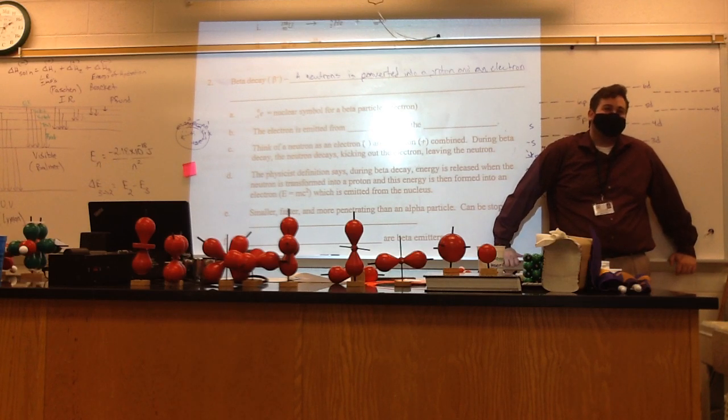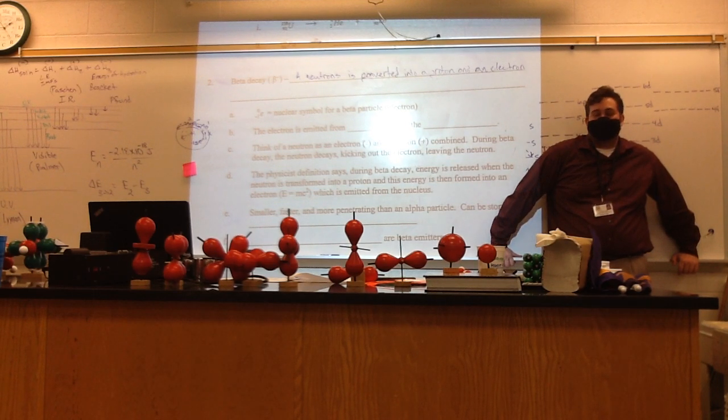A physics definition is that the neutron undergoes a spontaneous Superman-in-a-phone-booth change into a proton, and the energy given off creates an electron that's emitted. My definition is much easier.